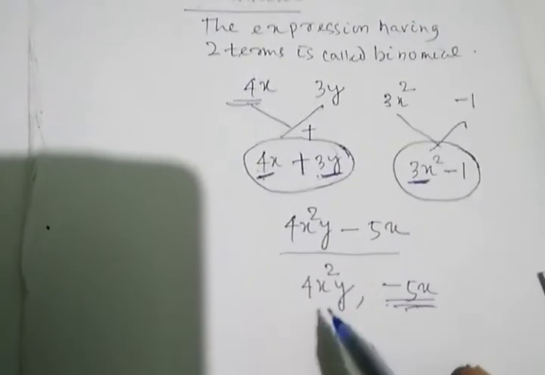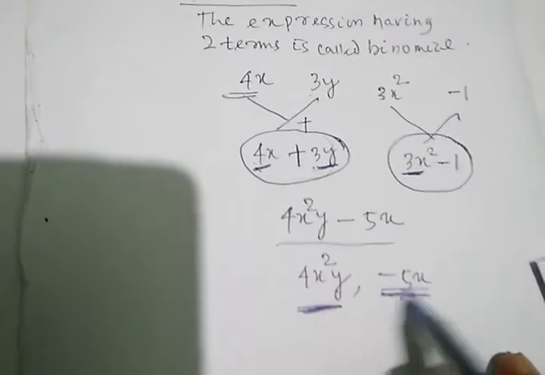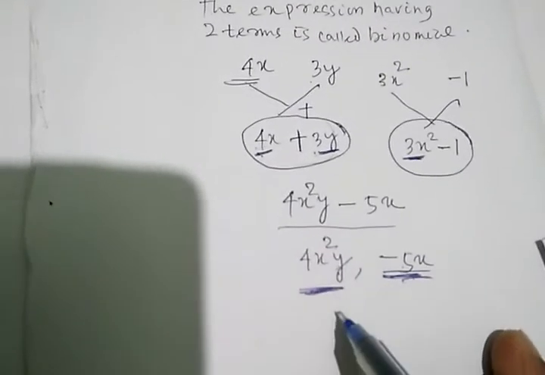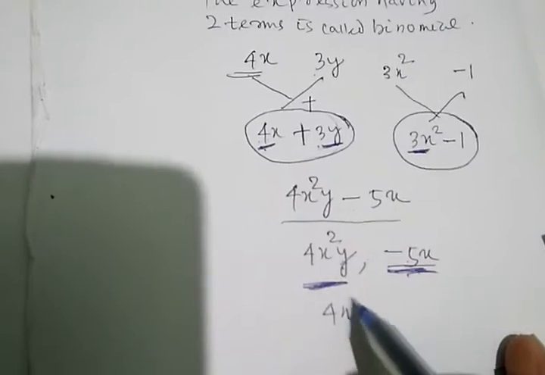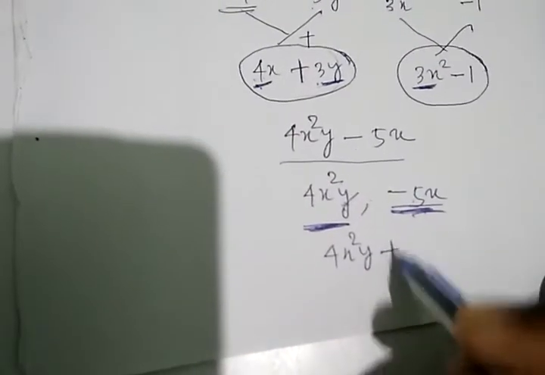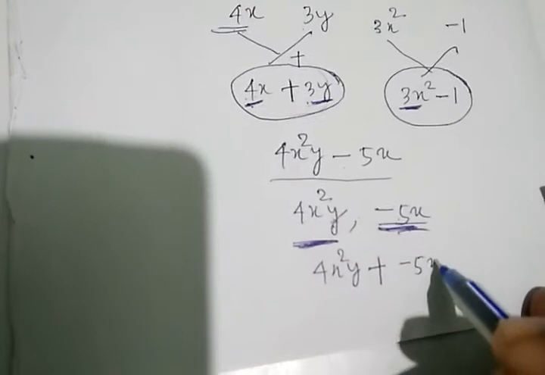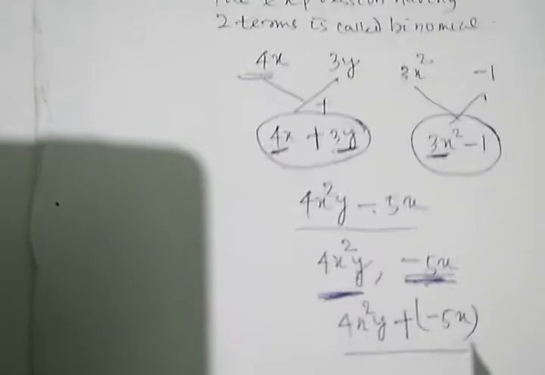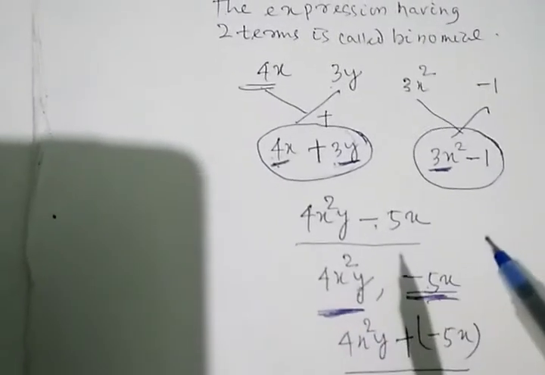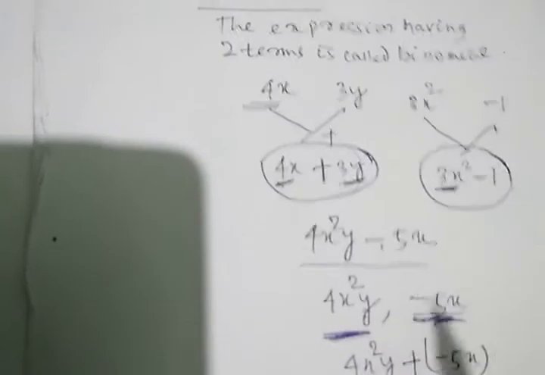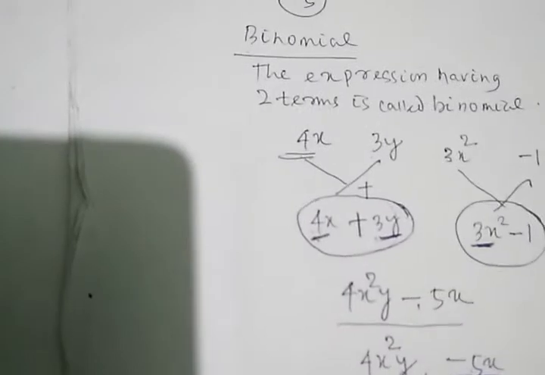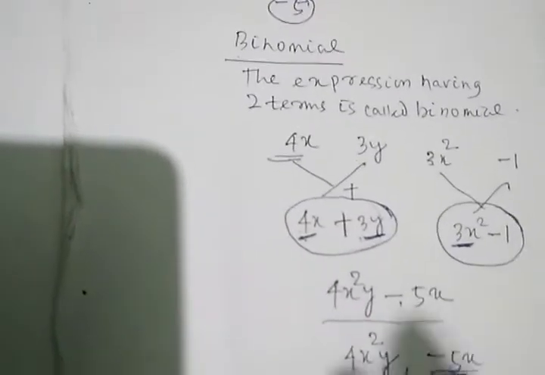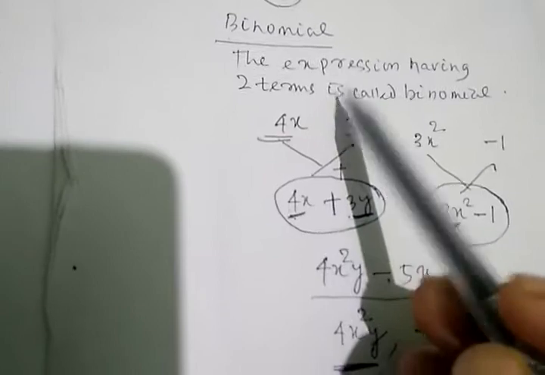So this is one term and this is another term, and both are added. Clear? So here you confirm that a binomial is the addition of two monomials, or a binomial is an expression having two terms. You take this definition: the expression having two terms is called a binomial.